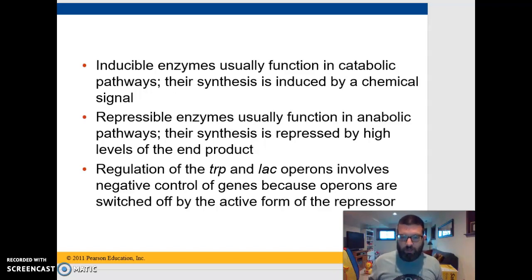Things like the TRP operon, which produce an amino acid or something like that, are going to be repressible operons, meaning you want the default state to be on. You are making this unless it happens to be present in the environment, and if it's present in the environment, that will repress production of that amino acid, right? So it will turn off that operator by activating the repressor.